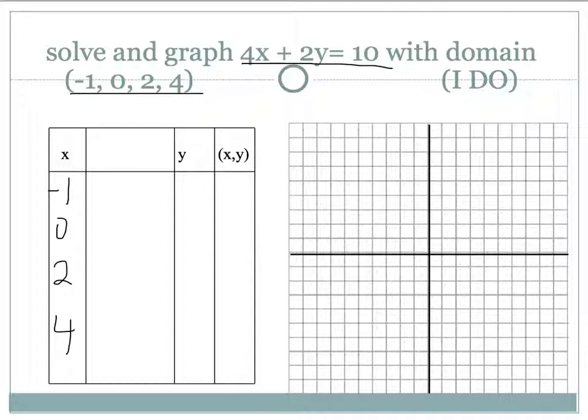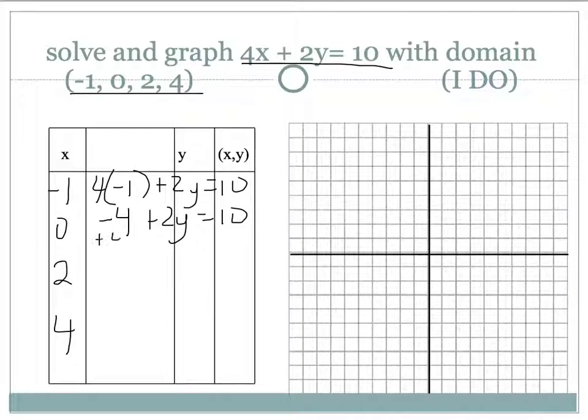Okay, so there's a couple ways we can do it. We can leave it in the standard form and put 4 times negative 1 plus 2y is equal to 10. Then I have negative 4 plus 2y is equal to 10. I can add 4 to both sides, and then I just get 2y is equal to 14.